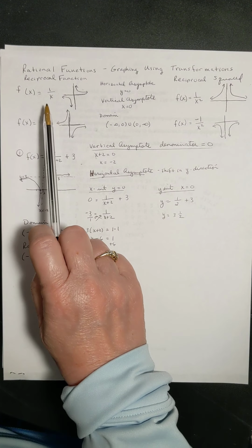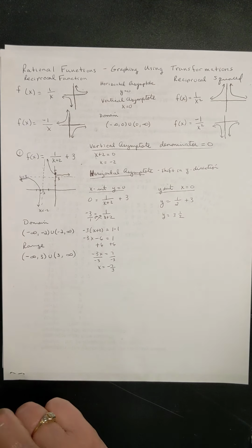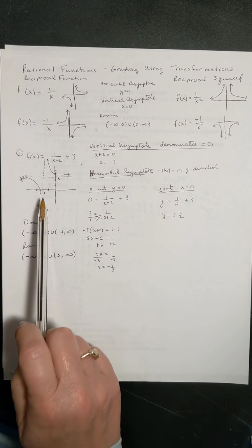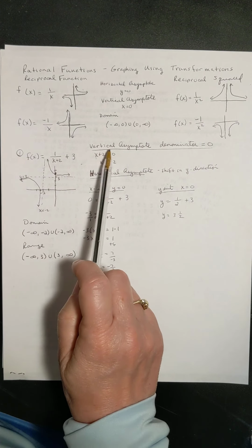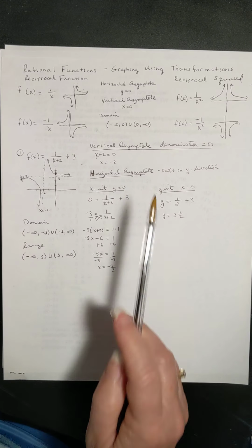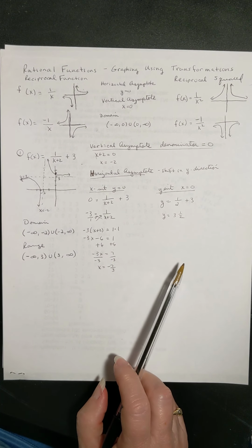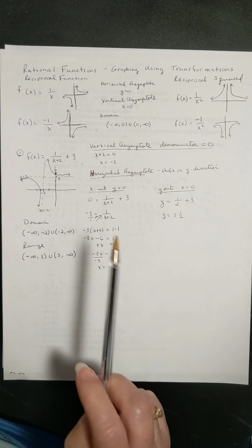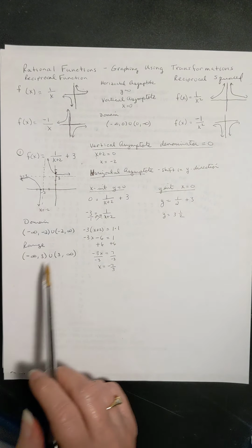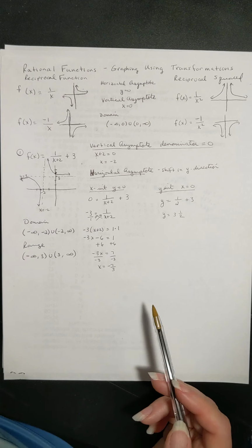When you see either a reciprocal or a reciprocal squared function and you're trying to graph it, first you make your denominator 0 to get your vertical asymptote, then you look at your shift to get your horizontal asymptote. Then the x and y intercepts are just like they always are. For the x-intercept you let y equal 0, for the y-intercept you let x equal 0.